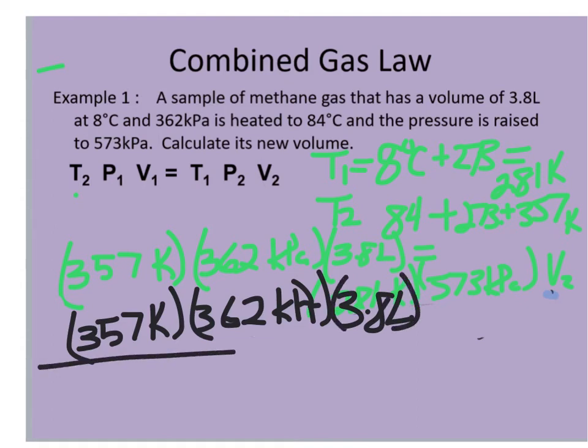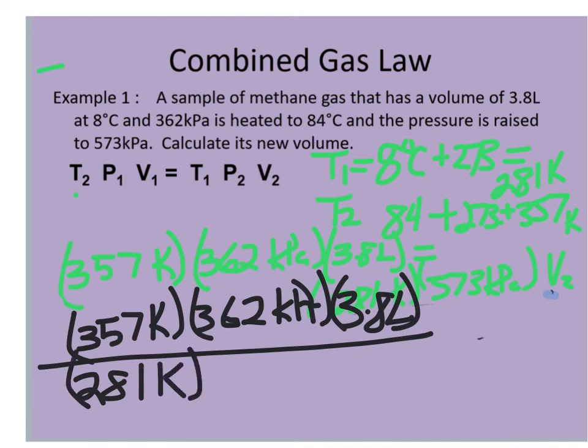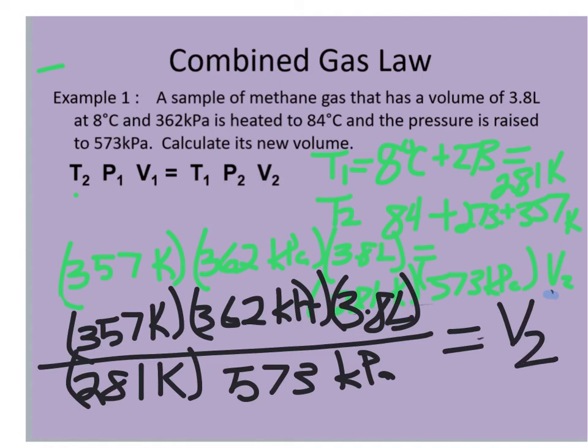And then I'm going to divide by the two terms from the other side of the equation that I want to get out of there, and that would be 281 Kelvin and 573 kilopascal. I hope you can follow this. And that's going to be equal to my second volume. So when you pick up your calculators, you're going to take 357 times 362 times 3.8, and then divide by 281, push the divide key again, 573, and that's going to give you your answer.